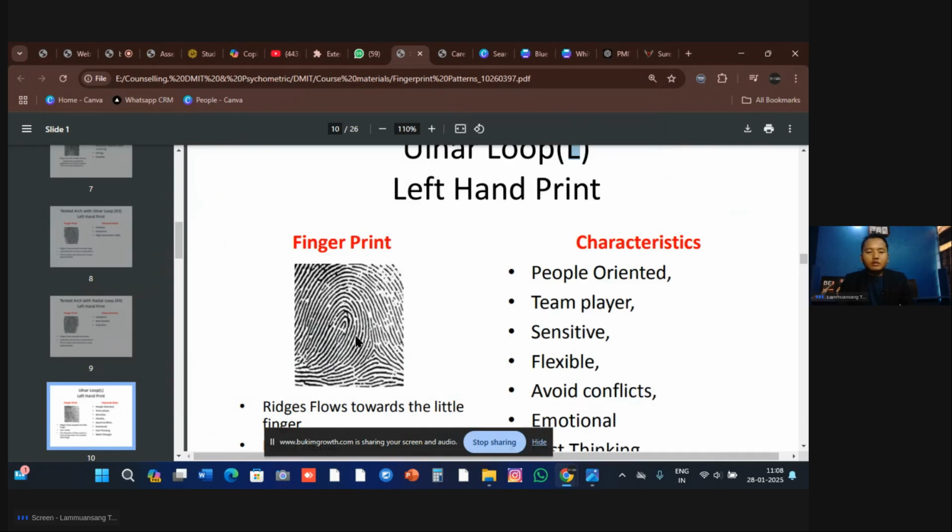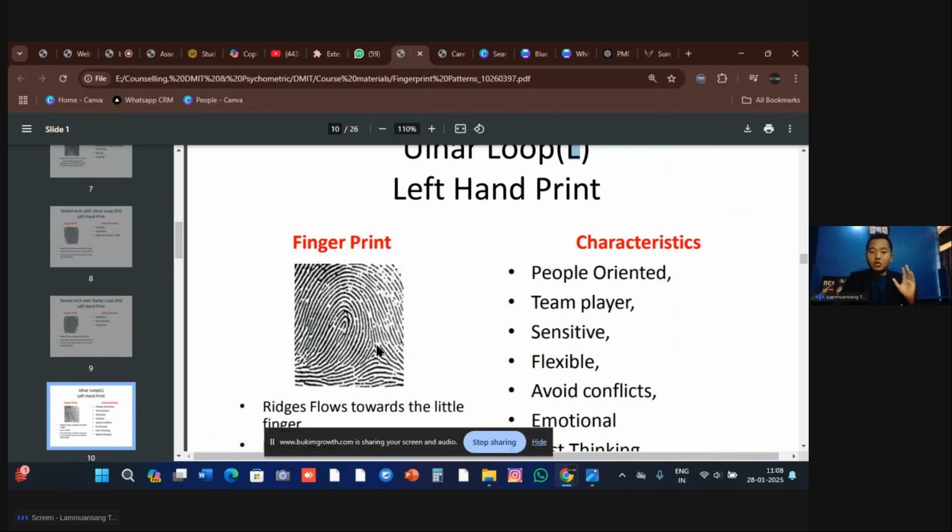Now the difference between X3 and X4 and L and R is, just count between the tri radius and the center. If it is more than 5, it is always L or R, L1 or R1. If the line from center to the tri radius is less than 5, it means X3 or X4.